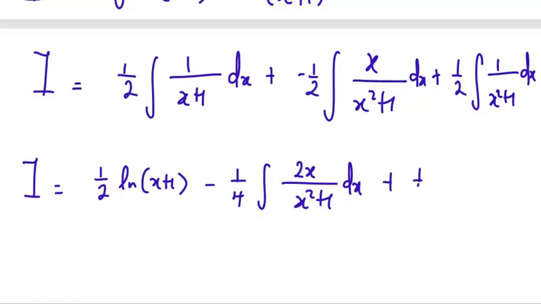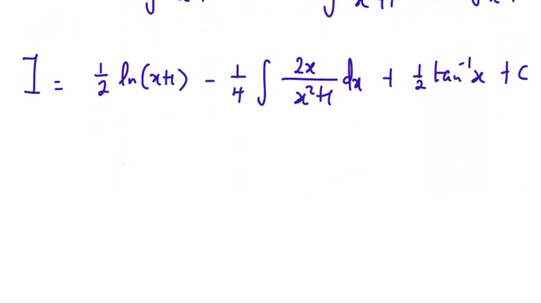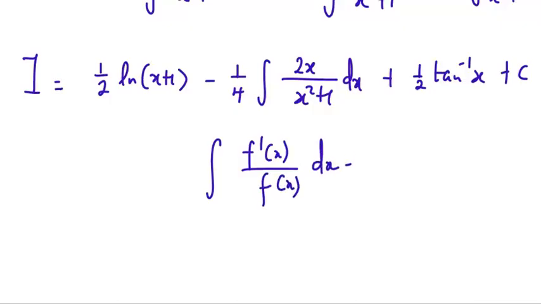And here plus 1 by 2, the arctan or the inverse tangent of x, and then plus c. But remember that the derivative of the denominator here will give us that numerator. Then we use this nice property that the integral of f prime of x divided by f of x itself will give us just the natural log of f of x. So use that and we're done.